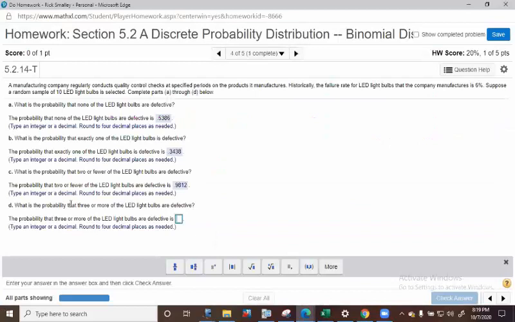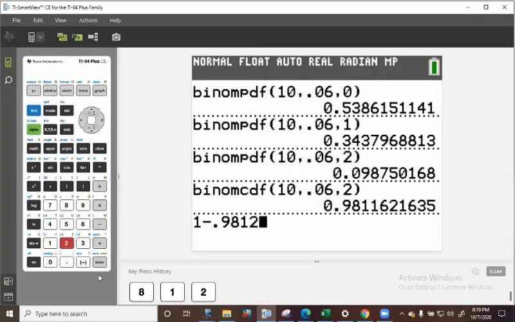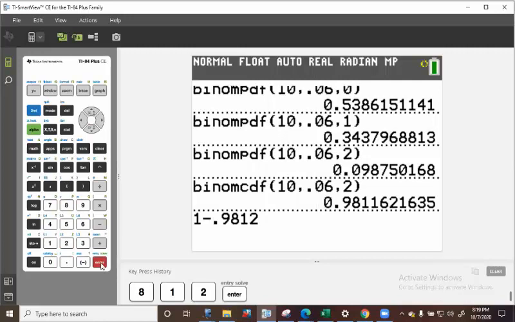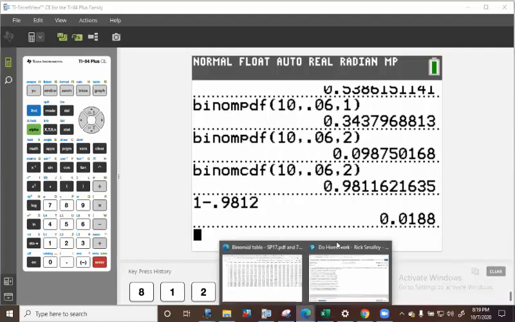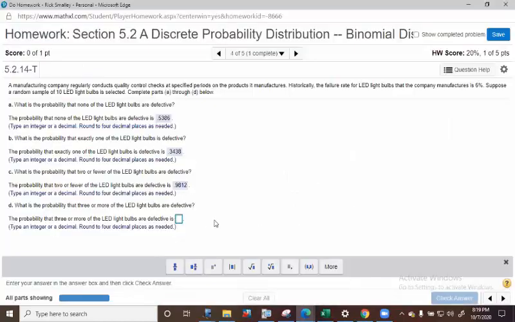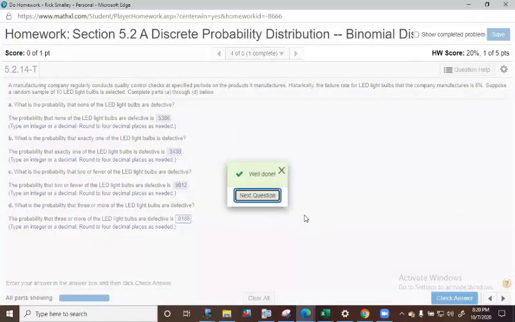See, part C was 2 or fewer. So if I just go 1 minus that answer, it's 1 minus 0.9812. But like I said, these are going to be on the binomial charts, these adding them up, so you don't have to even worry about any of this mess. You'll be able to add the numbers up off the chart. But we just have to do it for the homework. 0.0188. Ta-da!